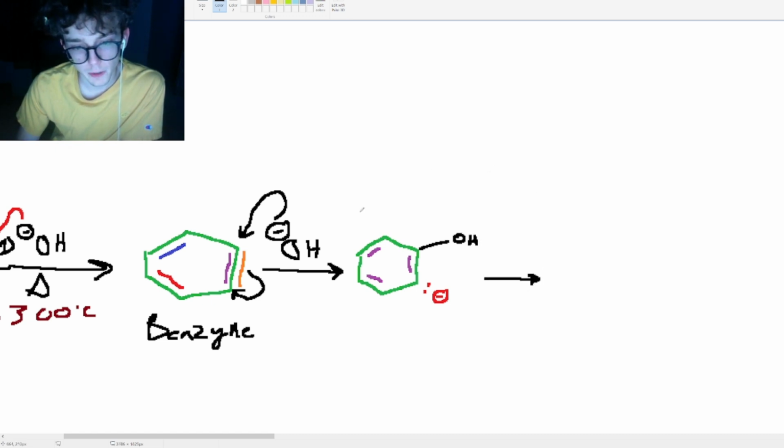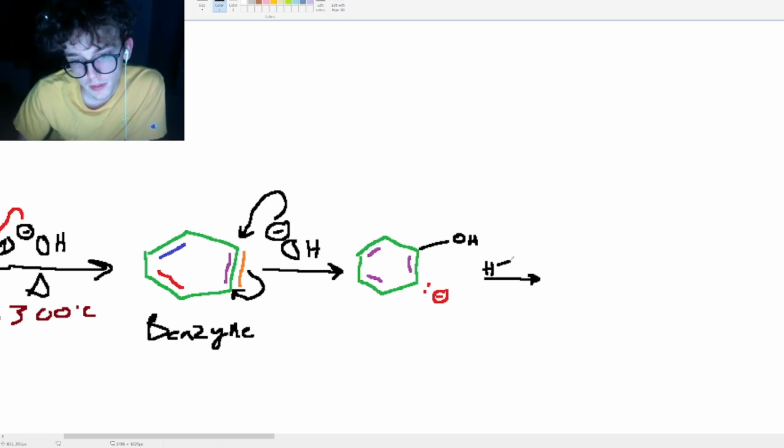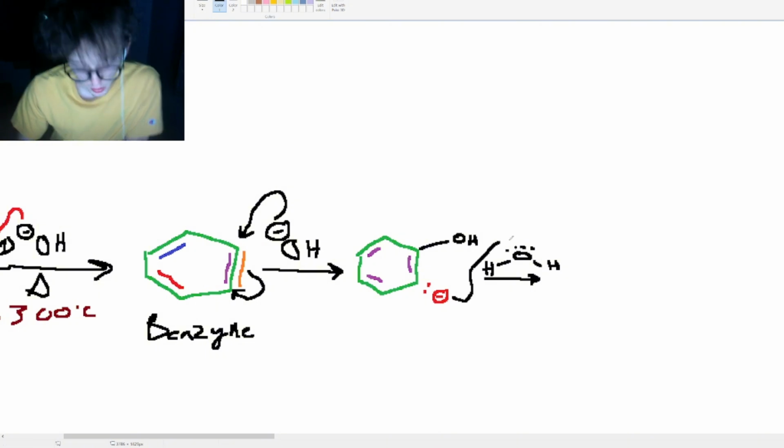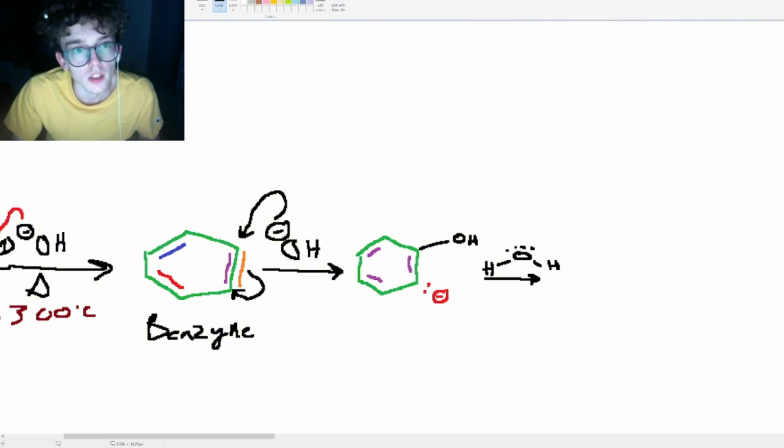Okay, and now, how can we stabilize a negative charge? We protonate it. So water comes in in this case. Sorry I didn't list it as a reagent, but it's water. Water comes in. You have hydroxide, you have water. Okay, let's draw this as yellow, the worst color to put on a white background, and purple.